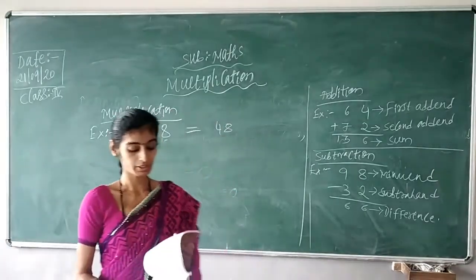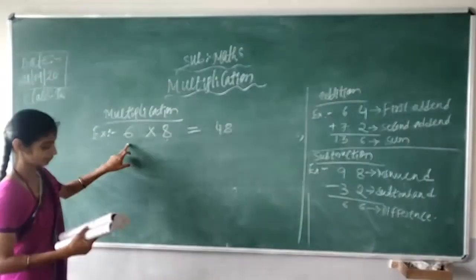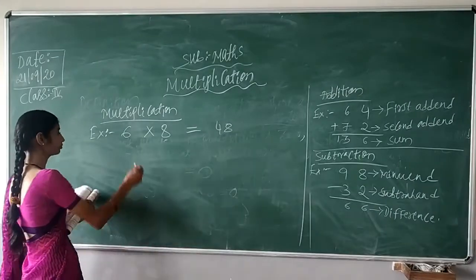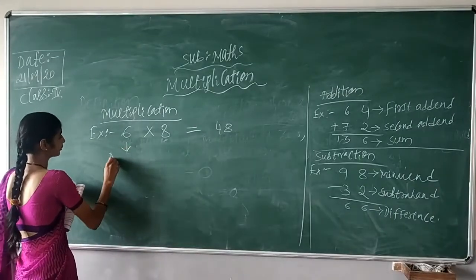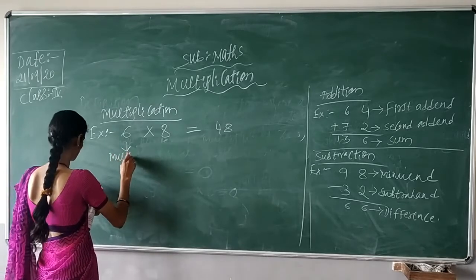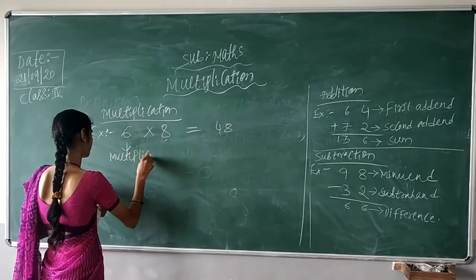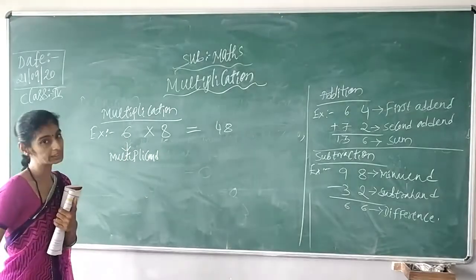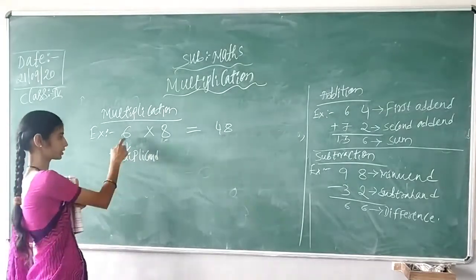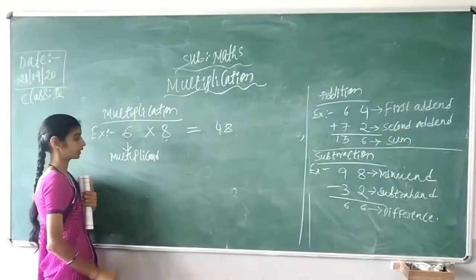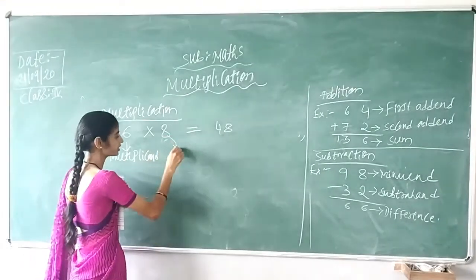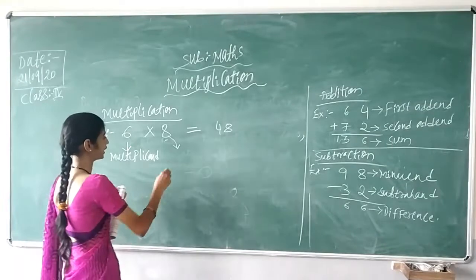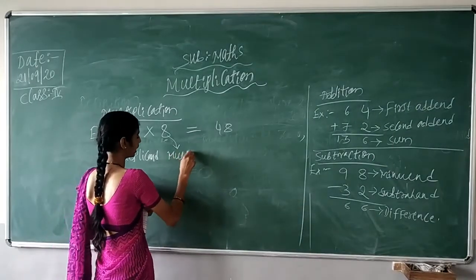Okay. Let us see. In this example, 6 is called as multiplicand. Here, this first term, we call it as a multiplicand. And this is the second term, we call it as a multiplier.